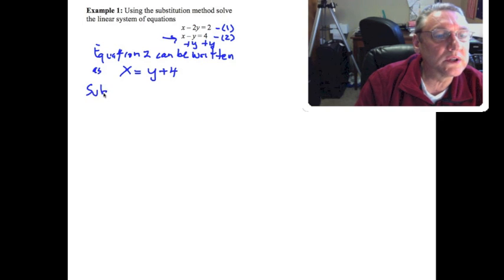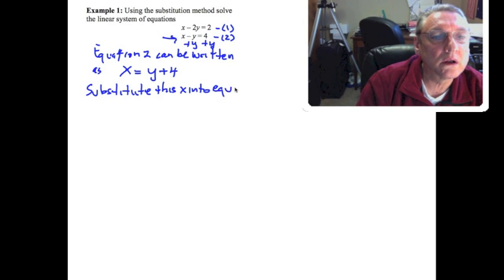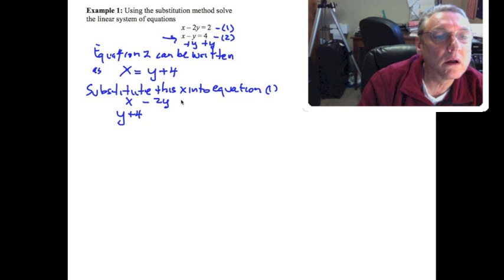Then what we do is we substitute this x into equation 1. So what we have here is y plus 4. Let me put the equation here. So instead of x, I have y plus 4, subtract 2y is equal to 2.